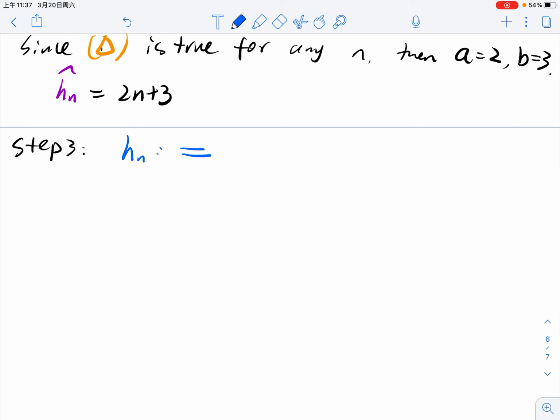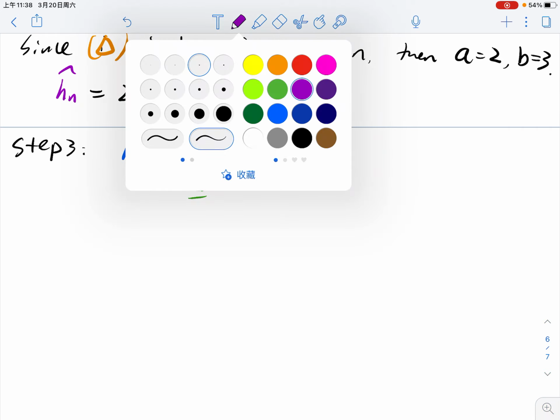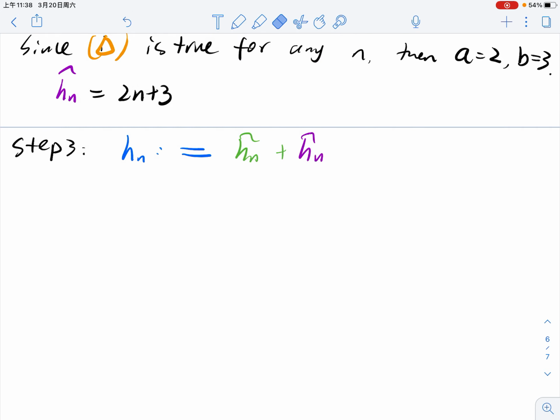The general solution for the non-homogeneous part now becomes C times Hn delta plus Hn hat, which equals C times 3 to the nth power plus 2n plus 3.